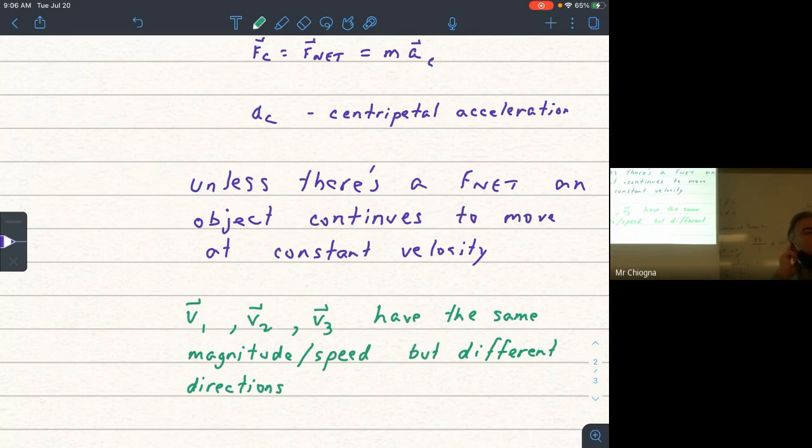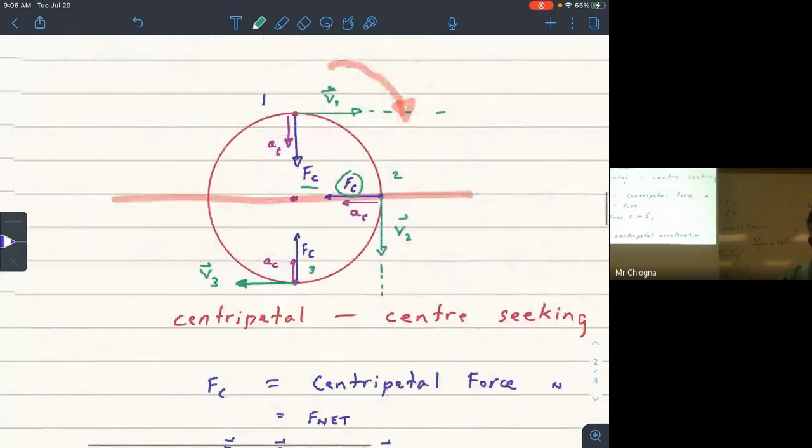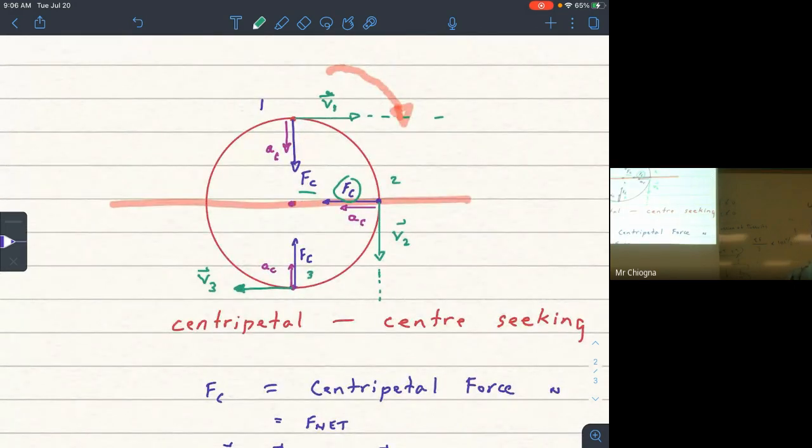Why different directions? Because the force is changing the direction. There's always a force acting at each point. In the case of the car, what is that force? It's the friction in the tires. The specific centripetal force changes depending on the scenario.